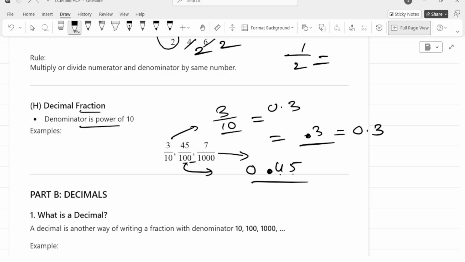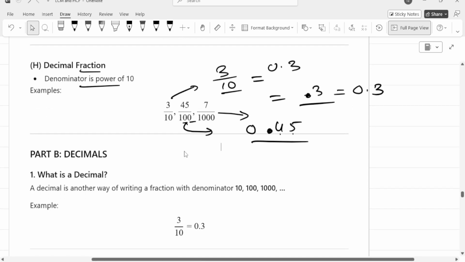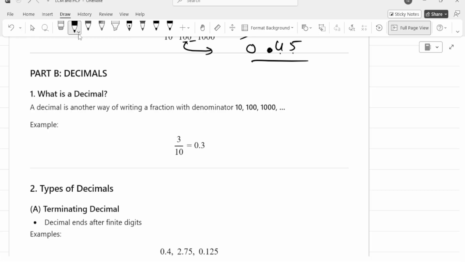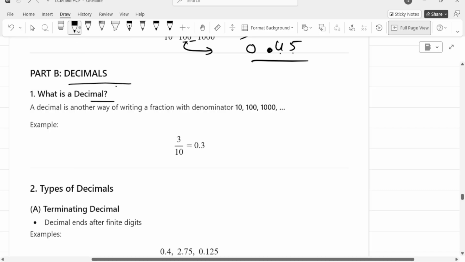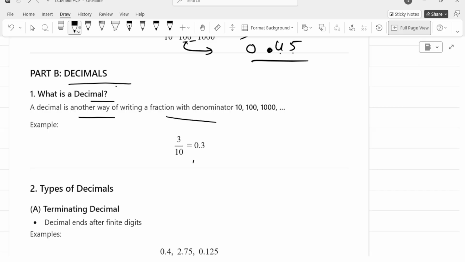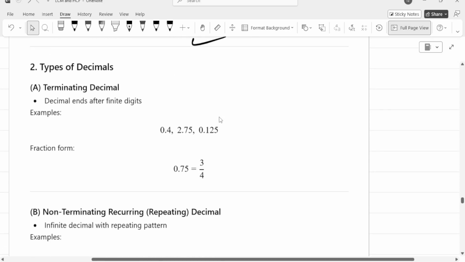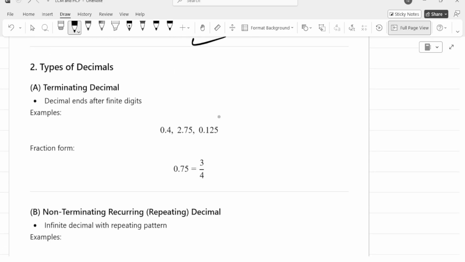Now you can tell me, 7 upon 1000, what's the value? So, what is a decimal? A decimal is another way of writing a fraction with a denominator of a power of ten. I already explained how 3 upon 10 is 0.3. Now terminating decimals. I already explained in a previous video; you can go and watch it on number systems.